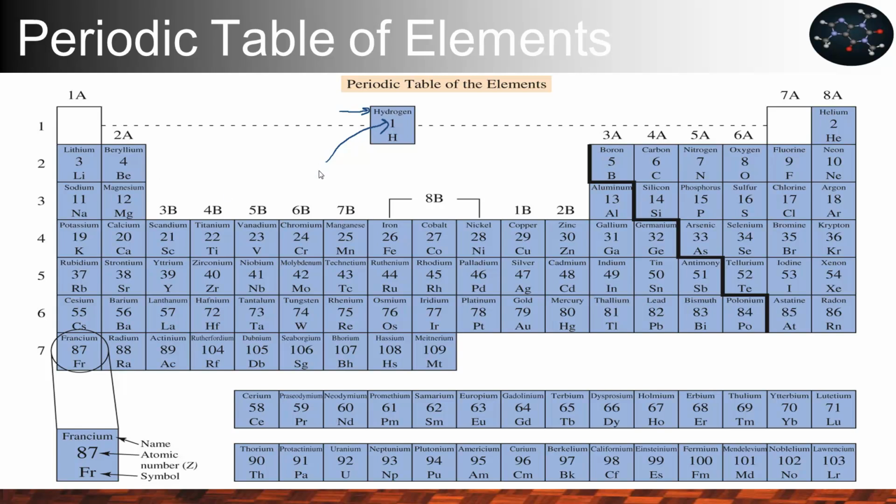And remember, the number here is the atomic number, Z, which corresponds to the number of protons for that element. As you can see, the element is basically defined by the number of protons in the element. The element that we're looking at has an atom with 5 protons in it.